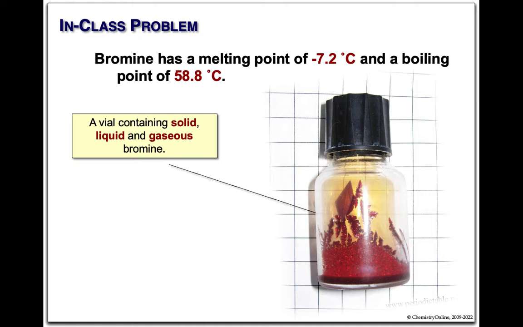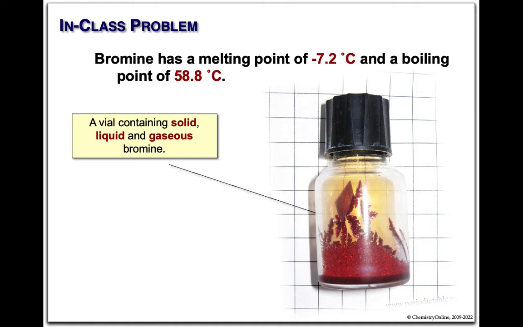This dark brown stuff on the bottom is liquid bromine. These are the crystals of solid that are still there. And the gaseous bromine is here as this brownish gas sort of thing. So we have all three phases of bromine here.